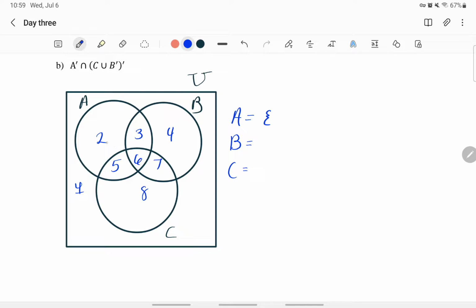Inside of set A, we have 2, 3, 5, and 6. Inside of set B, we have 3, 4, 6, and 7. Inside of set C, we have 5, 6, 7, and 8.